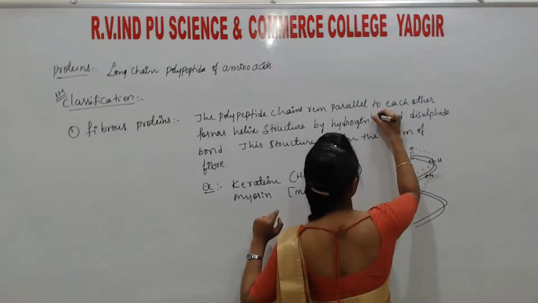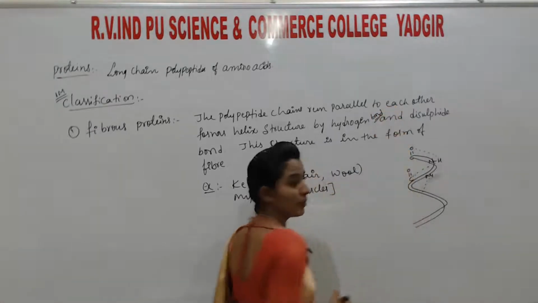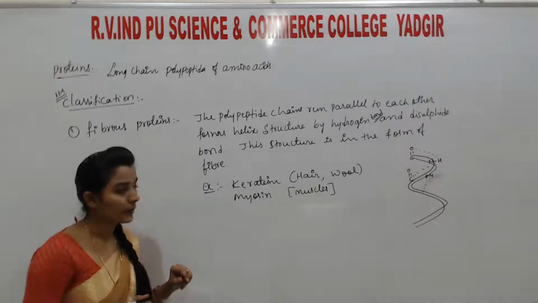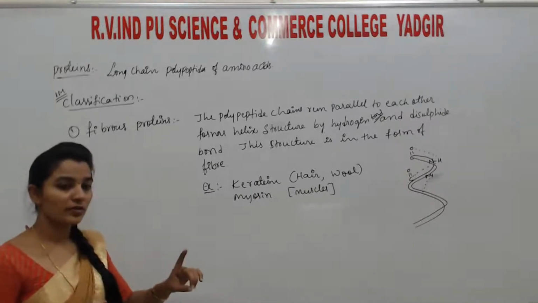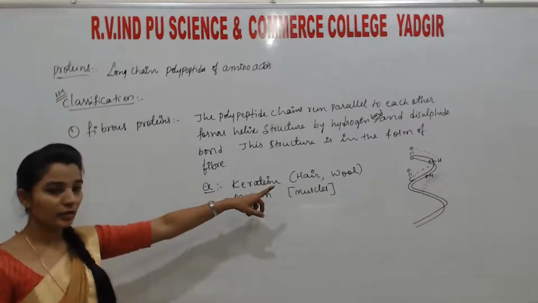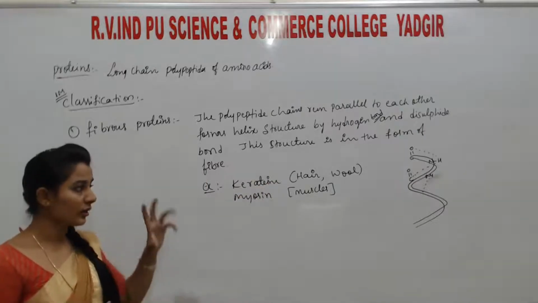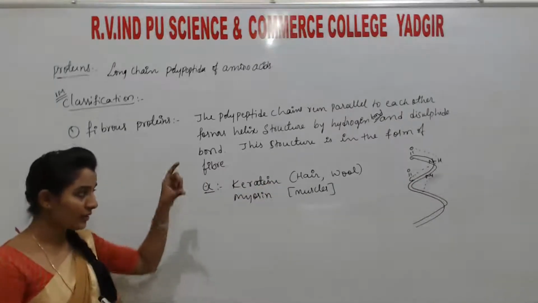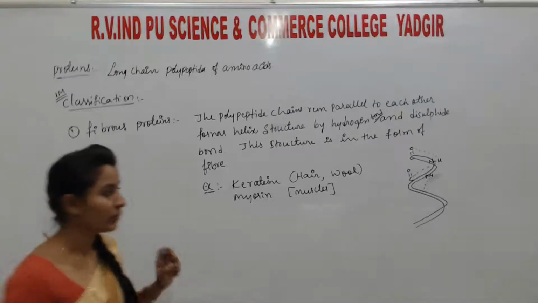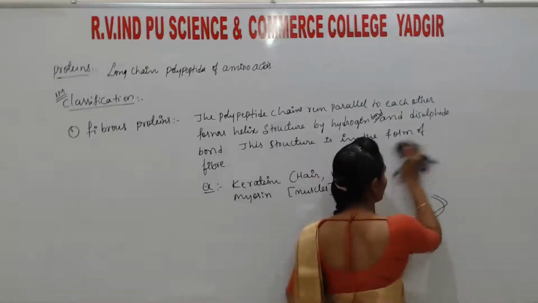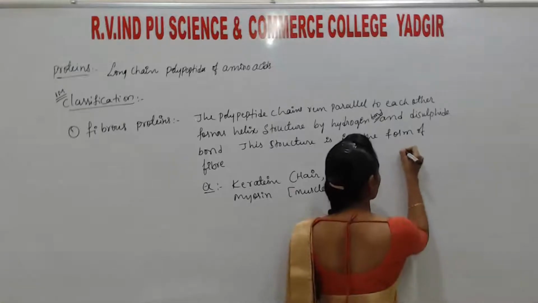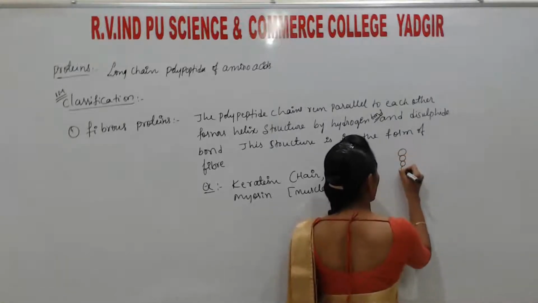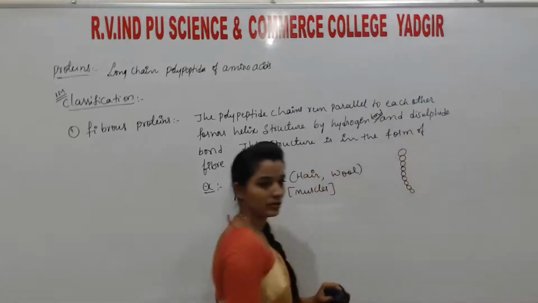By forming hydrogen bonds, the force of attraction between the highly electronegative atom and the hydrogen atom, they are arranged in a helix type model in the form of fiber. So these amino acids are arranged in this manner and form a fiber-like, straight structure.